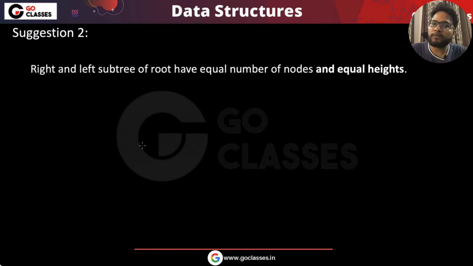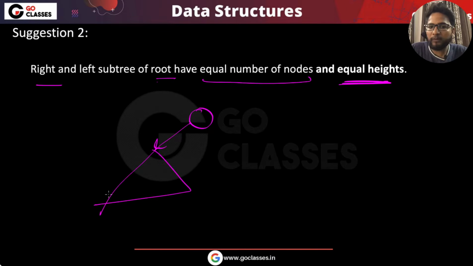Now let's go for some other suggestion. This suggestion is saying that right and left subtree of the root have equal number of nodes and equal height also. Earlier I was having just equal number of nodes, right? Now I will be having equal height also. So for the root, whatever is there on the left subtree and on the right subtree, they should not just have equal number of nodes. Earlier that was the problem.